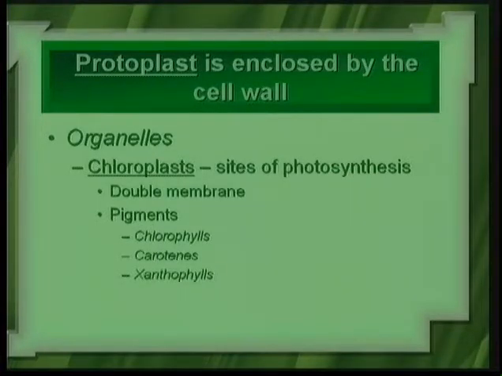Among them we have xanthophylls. So chlorophylls generally are greenish. When we look at chlorophyll in a plant, generally they're green in color. When you look at carotenes, they generally tend to be orange or red. They help the plant absorb in different parts of the spectrum. Then we have xanthophylls. Xanthophylls tend to be yellowish and also maybe brownish.